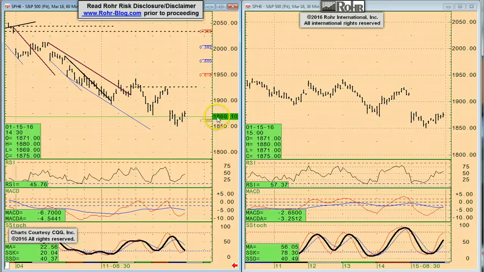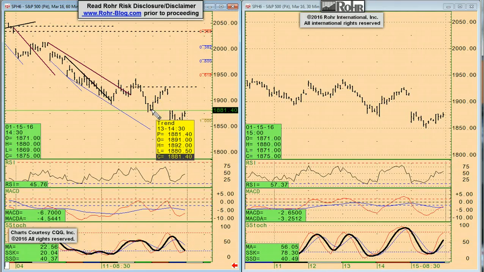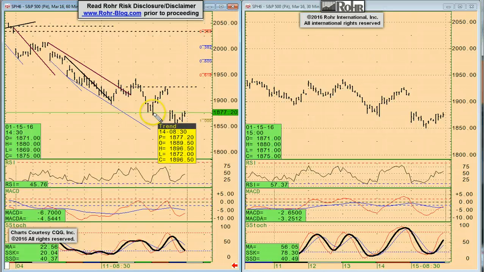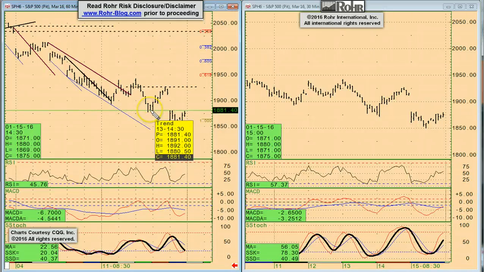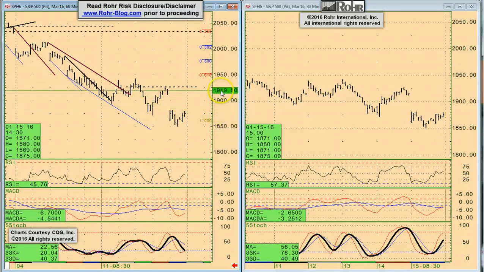To really exert any strength, this looks like it probably has to be back above the upside reversal it failed. That was from late session on Wednesday into the early trading on Thursday, and that was from about the 1880 area, low 1880s. Much above that, it might range well back above 1900 again.